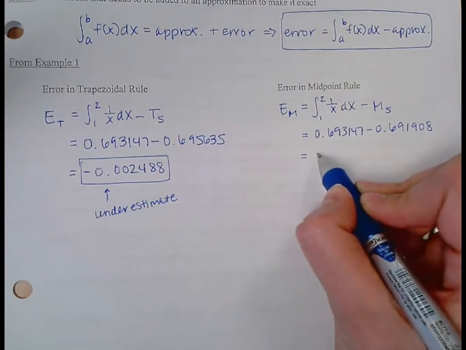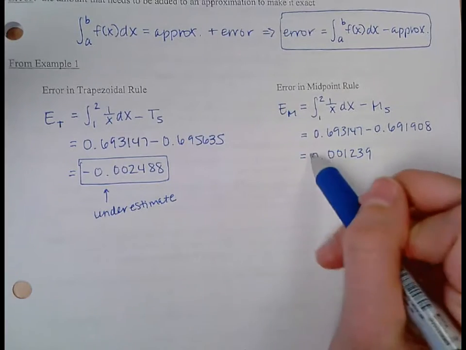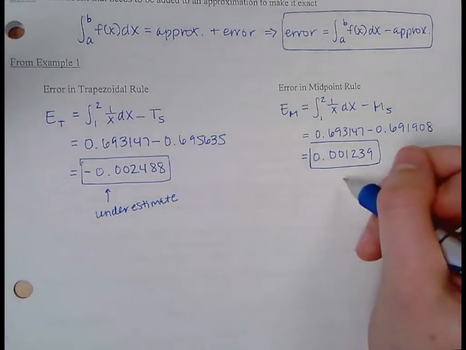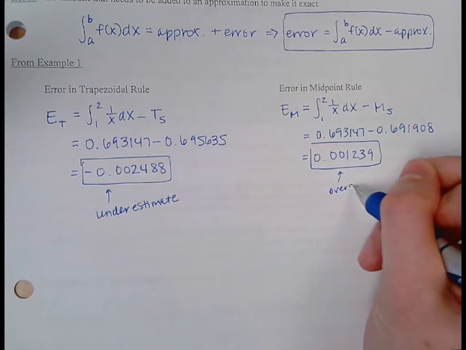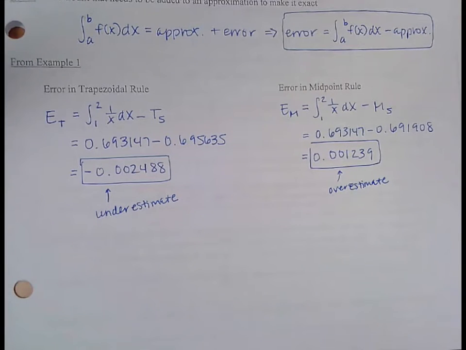This comes out to be 0.001239. And since that error is positive, this means it's an overestimate. But it is closer.